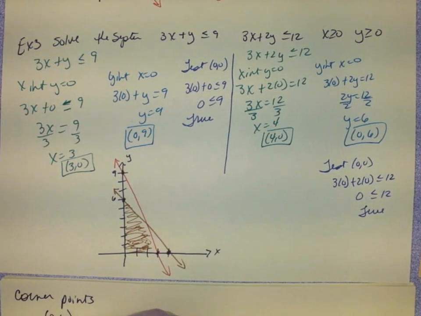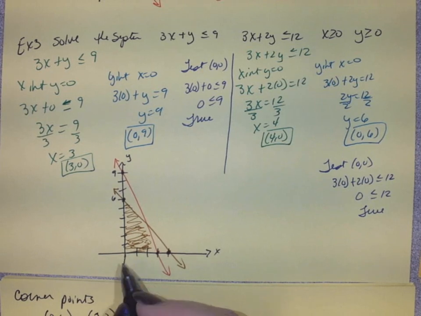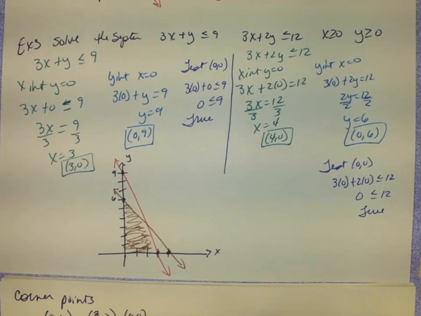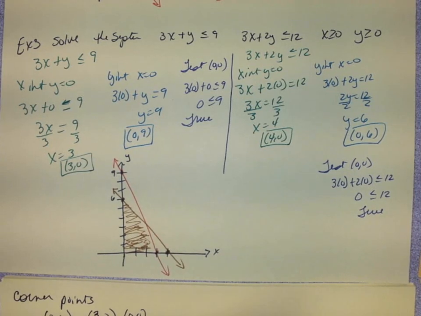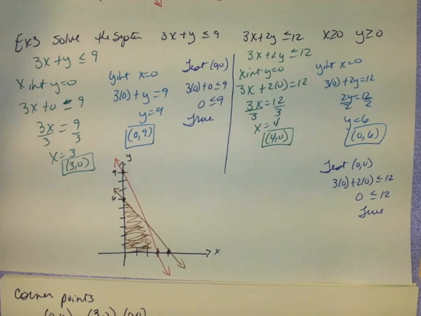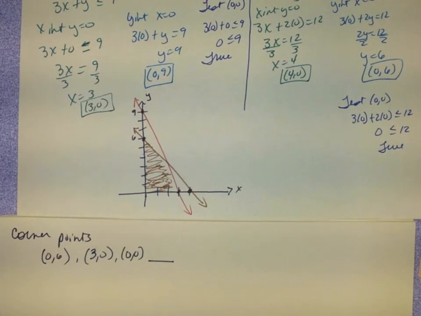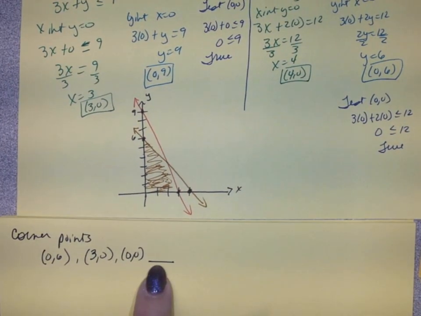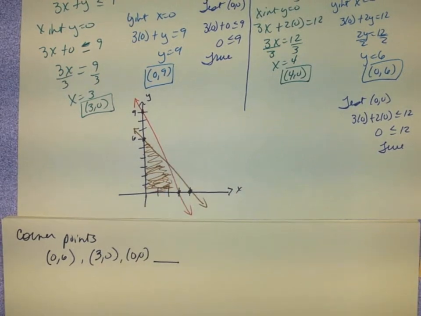The x-intercept, it is 3, 0, and I know this one is 0, 0. But I have to find this one. So that one, I'm going to have to see where the lines, oops, sorry, you cannot see what I wrote. All right, so for this one, I have to find the intersection of the two. So we're going to solve the system.